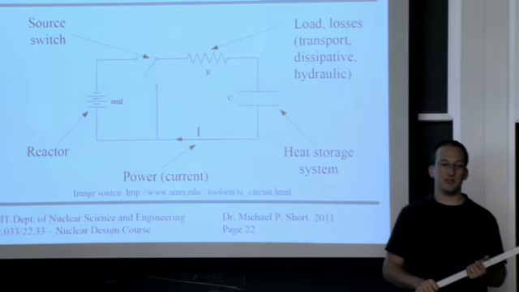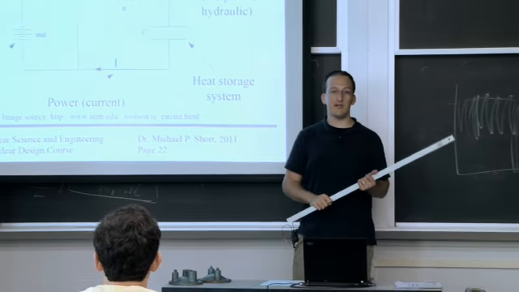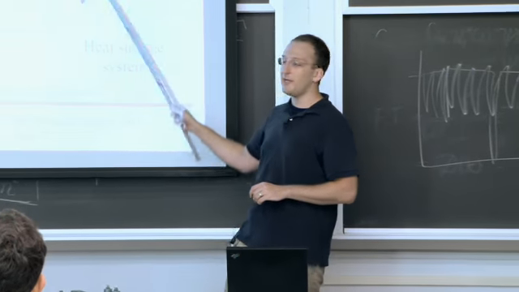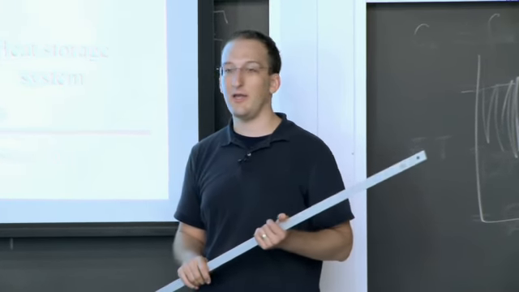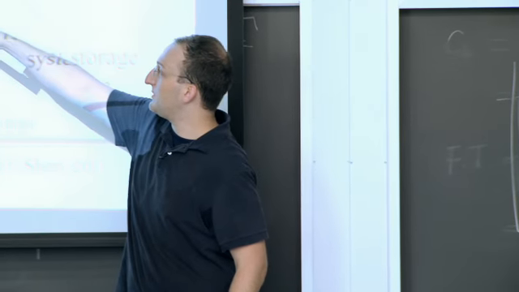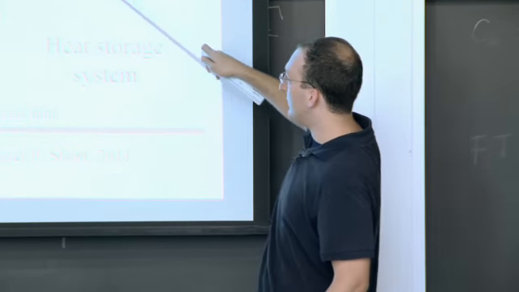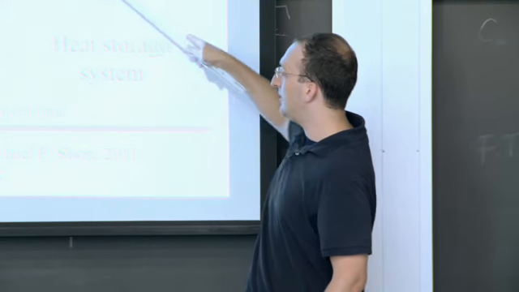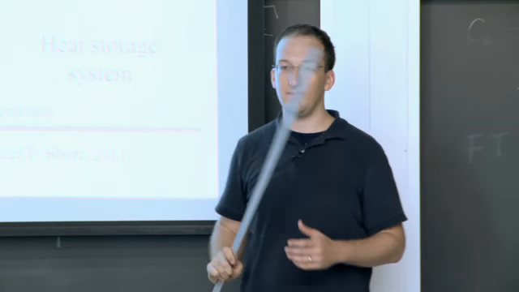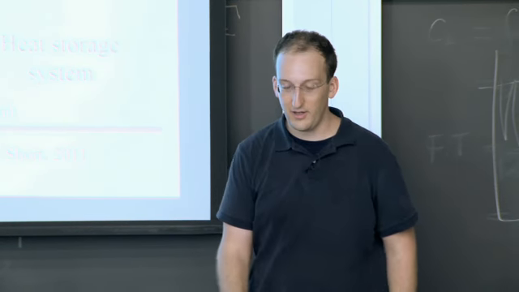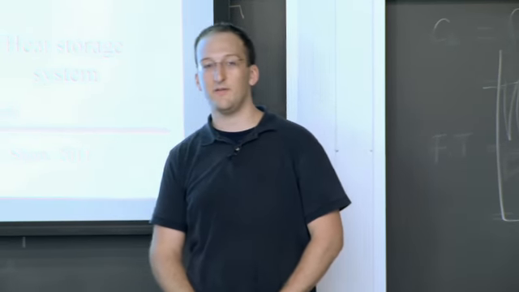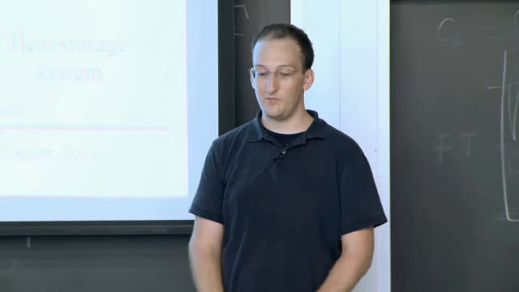Maybe for the first 10 hours, you don't start running the turbines. You start heating up your heat storage system so that if something goes wrong for a little while, you can flip this switch and have your heat storage system continue to provide power to your load and your losses. So it's up to you guys whether you want to do that or not. And there are benefits to it. There are costs to it, like the cost of building the system.